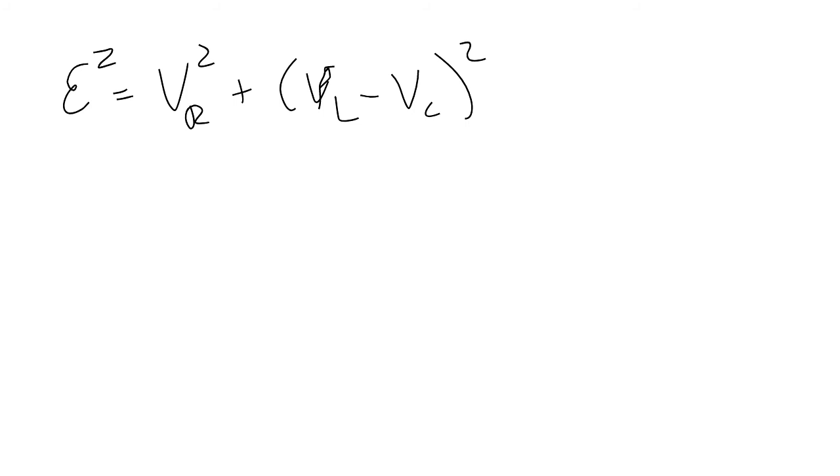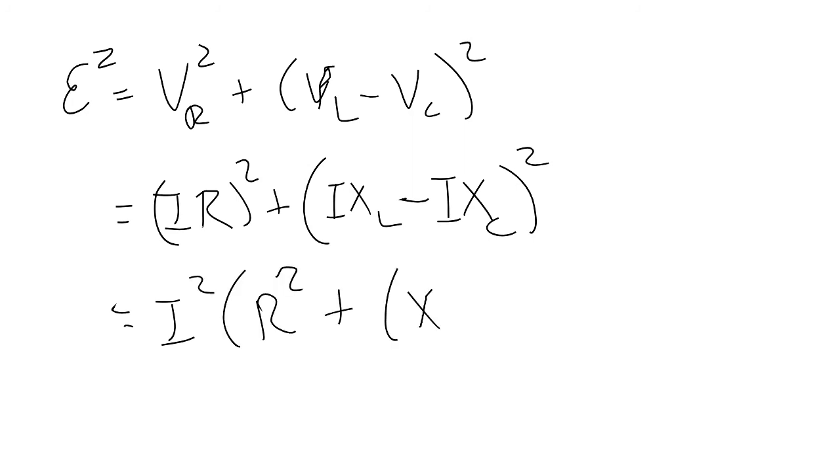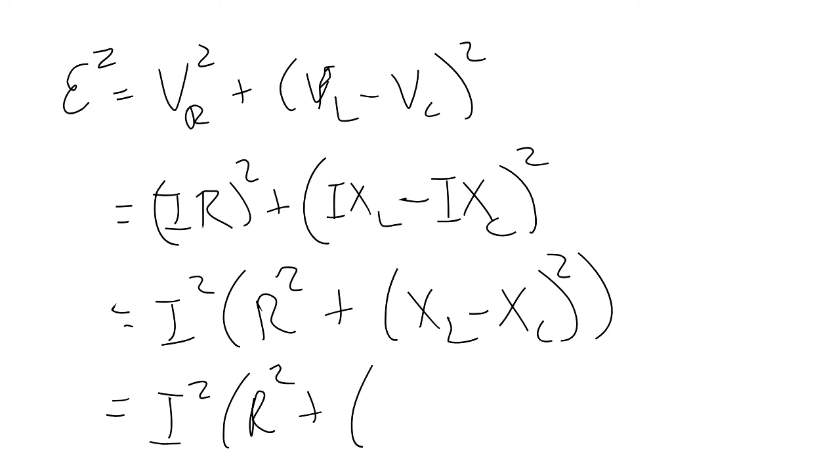So I know that VR is equal to I times R, squared, plus VL, I know, is I times X sub L. VC is I times X sub C. That squared. I can factor I squared out, so this is I squared times R squared plus (XL minus X sub C) squared. So this becomes I squared times R squared plus (omega L minus 1 over omega C) squared.